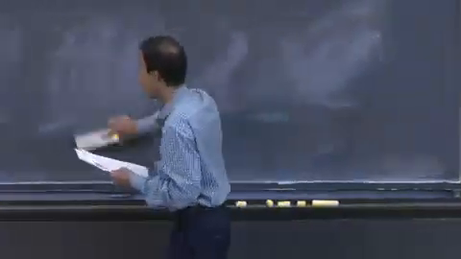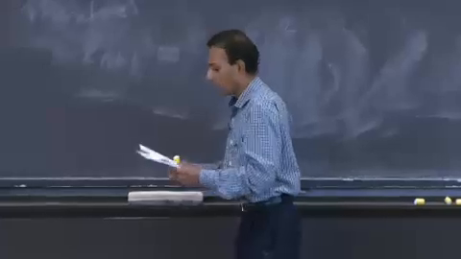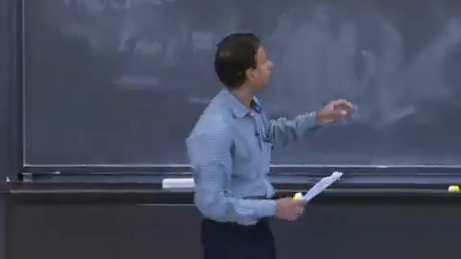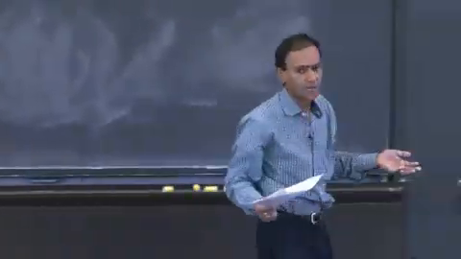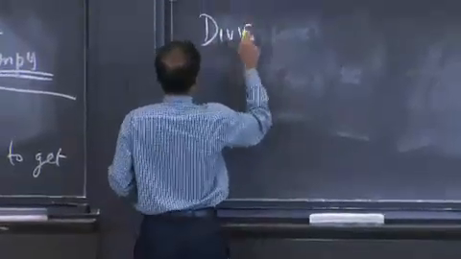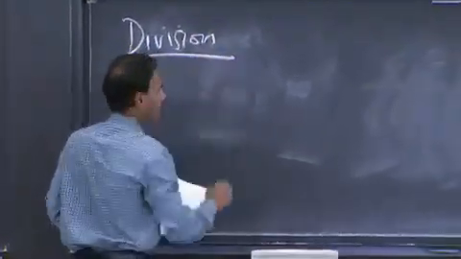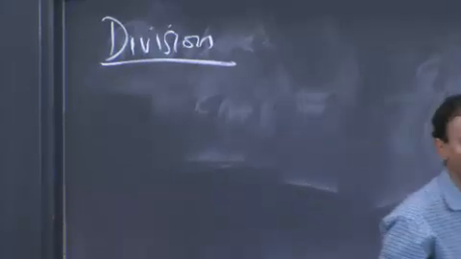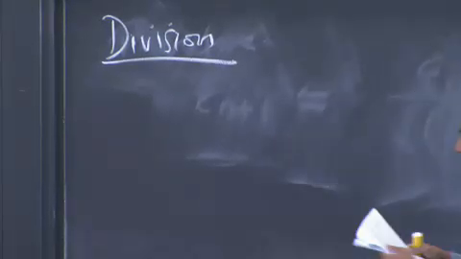So that's the setup. That's how we're going to try and tackle this division problem. But we still have this problem of computing R divided by B. Okay? So how are we going to compute R divided by B? And we want this to be a large number of digits of precision.